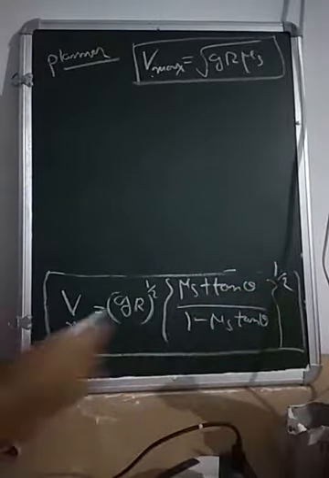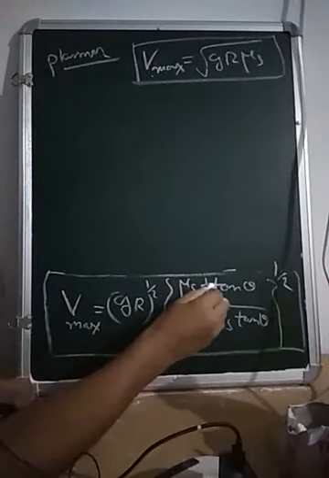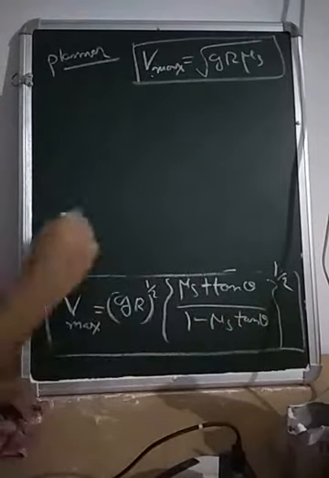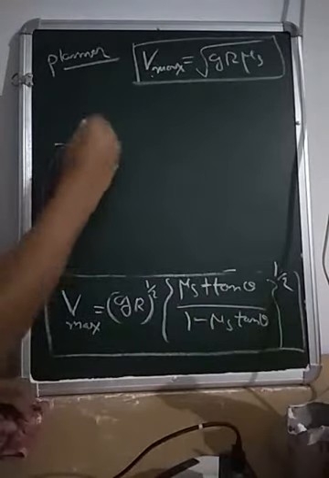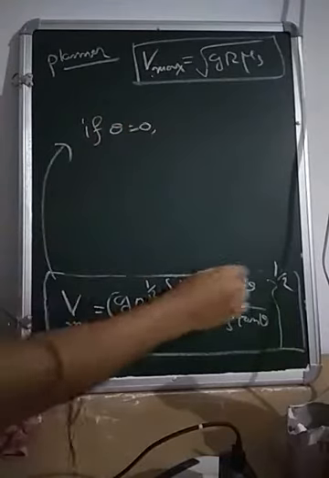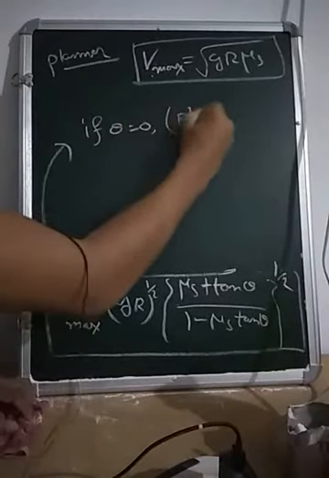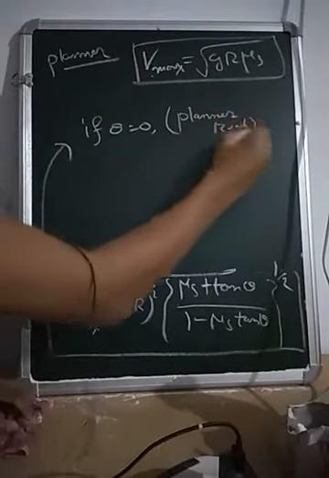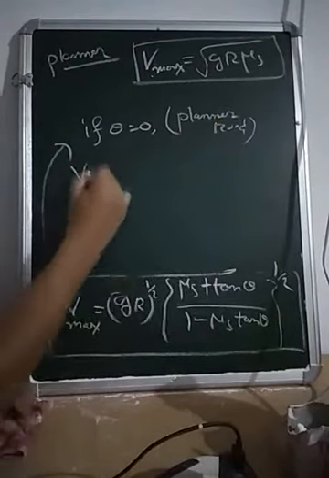See, if theta is 0 in this expression, theta equal to 0 means the planar road, not the banked road. If I put that, what will Vmax be?